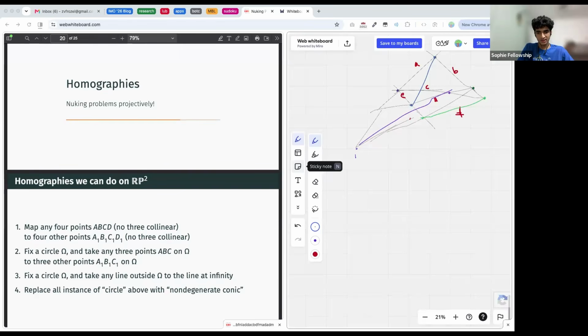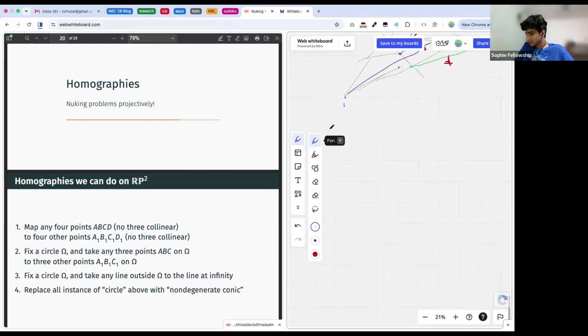So on the left side, I've written a bunch of homographies we can do on RP2, and that will be sitting there for a while. Meanwhile, I'm just going to be writing down a problem over here.